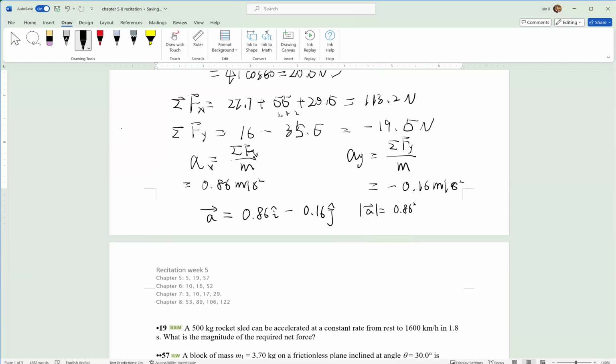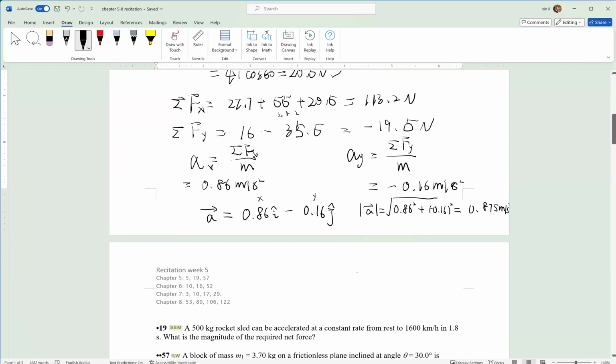That's your magnitude, and then take square root, okay? So this is your x component, and this is your y component, and you are going to add negative 0.16 square, and you are going to get 0.875 meter per second square. That's your acceleration, and then the magnitude. You got it?